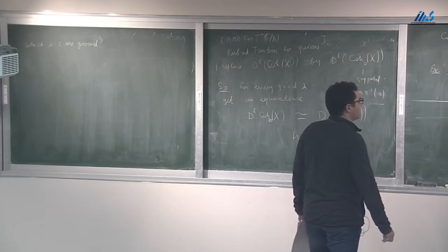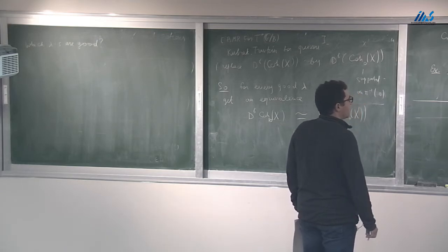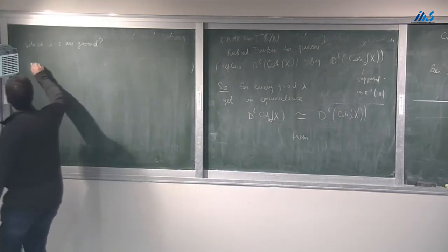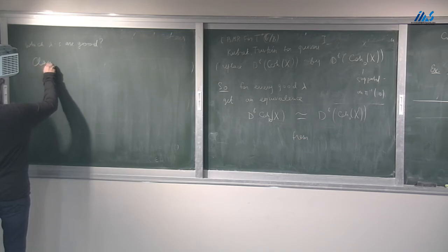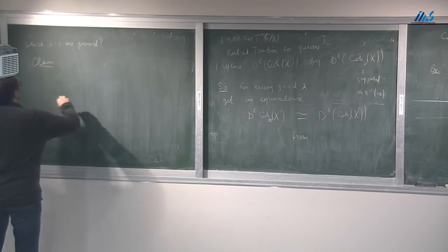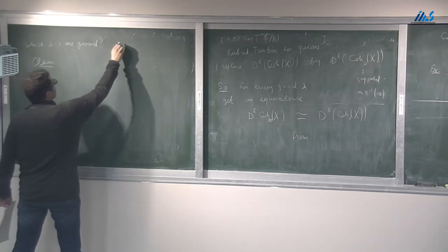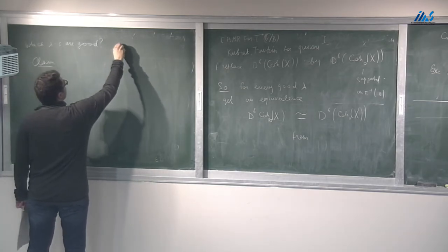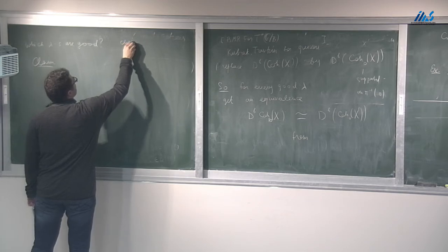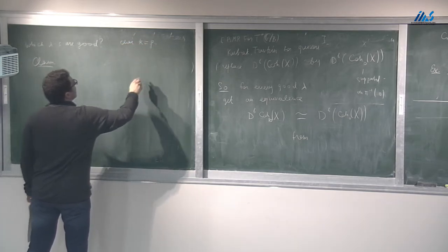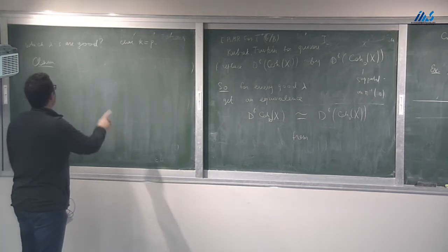Yeah, but maybe let's write it as a claim. Okay, let me just stick to characteristic P, and then goodness is clearly P periodic.